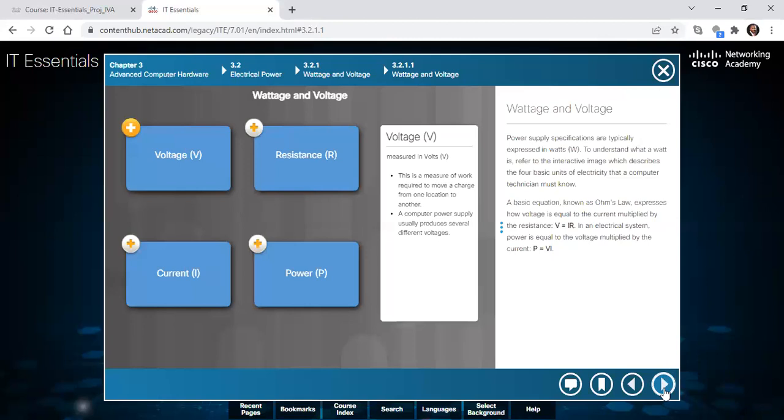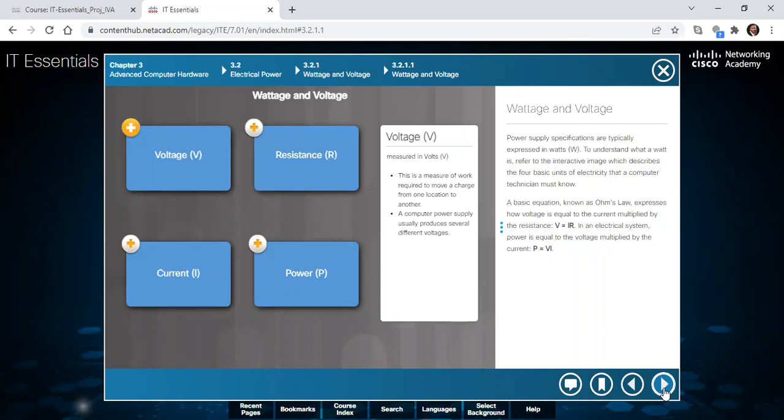No, this is just a simple understanding of how wattage works. In an electrical system, power is equal to the voltage multiplied by the current.